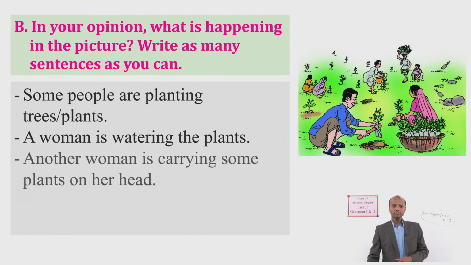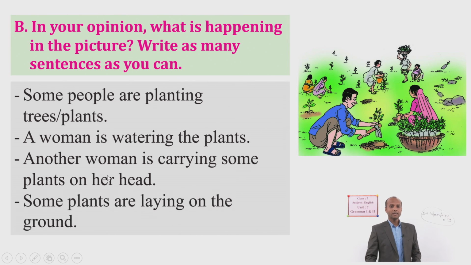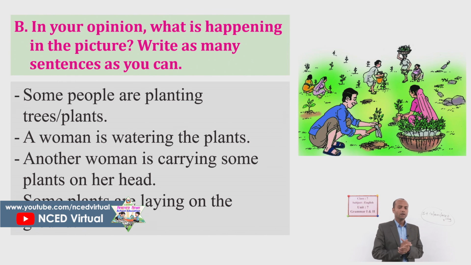Next, another woman is carrying some plants on her head. And finally, some plants are lying on the ground. You can see some plants there. They are lying on the ground. So you can add more sentences. I guess I have some sentences that are similar to yours.